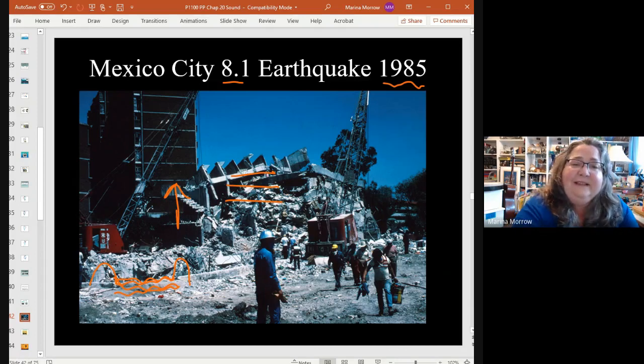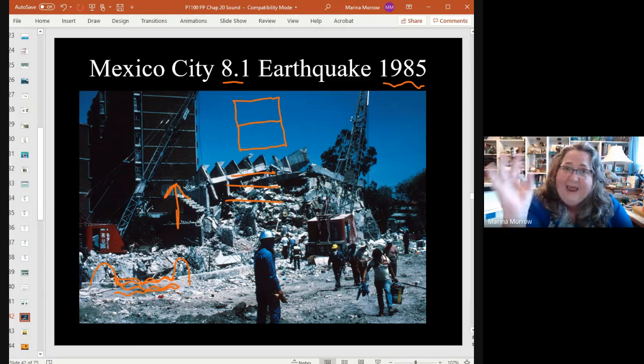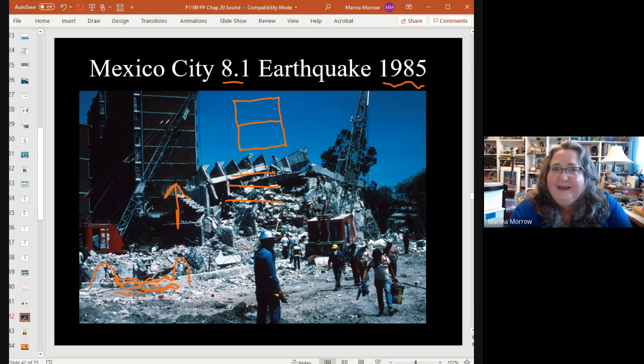And they found out that the buildings resonate. So if the buildings have dimensions such that the wavelength that they will sway at, for instance, is the same as the earthquake's, then that building will fall down.